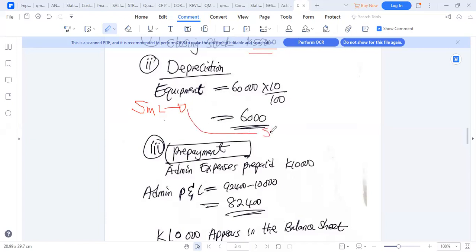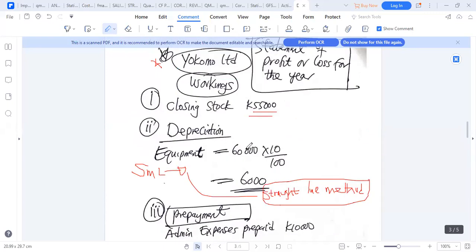So this one is a depreciation on the cost of an asset. That's what depreciation by the straight line method means. That's why we got the 6,000 kwacha here for depreciation on the cost.